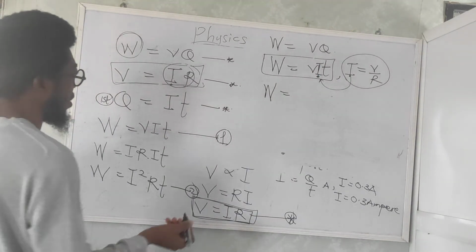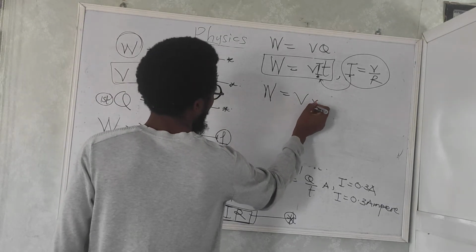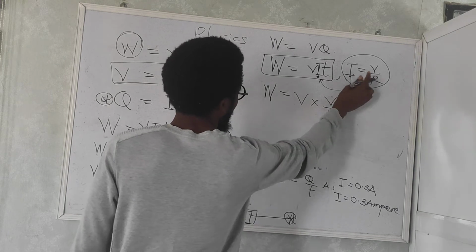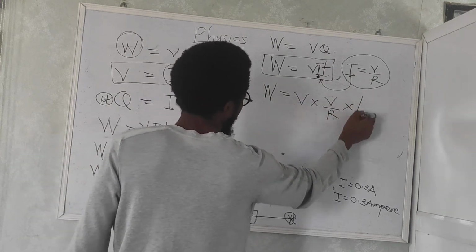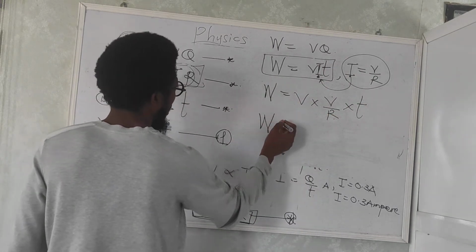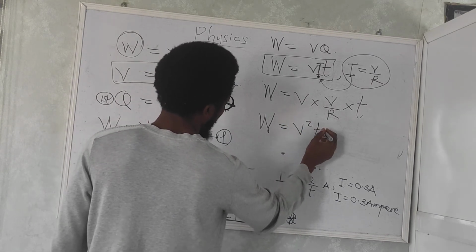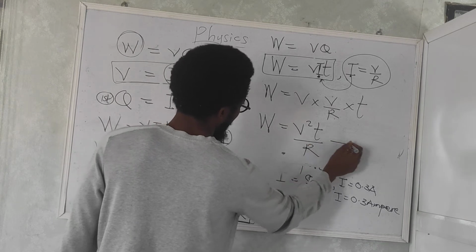So how do we go about that? So we have V, we multiply by what is the value of I? It is V over R. That's correct, right? Then multiply by T. So then work equals to V multiplied by V, V squared, then times T, then over R.